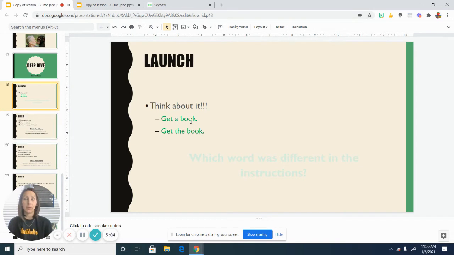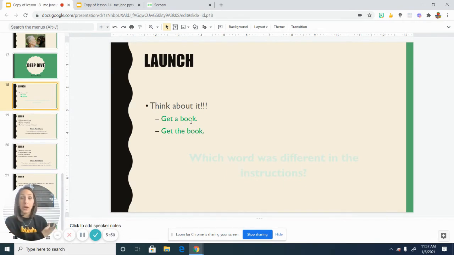It's not a specific book, just get a book. But when you hear someone say get the book, doesn't that make you think that they're referring to a specific book? And that's the difference. So the word a and the word an actually mean the same thing. And we'll talk about how we know which one to use in which situation.